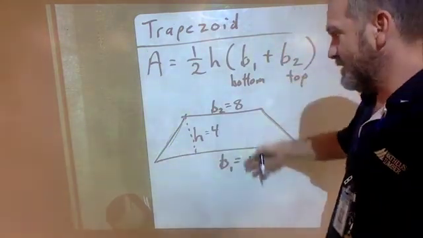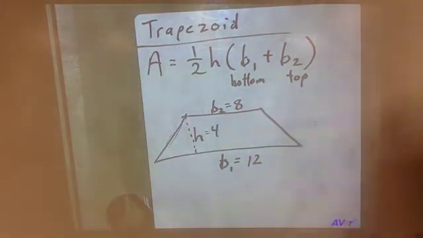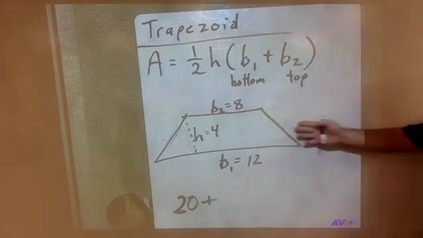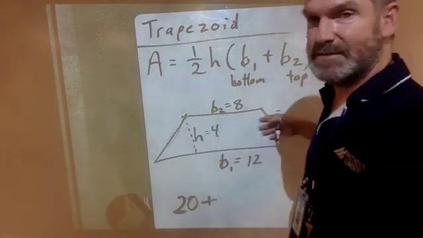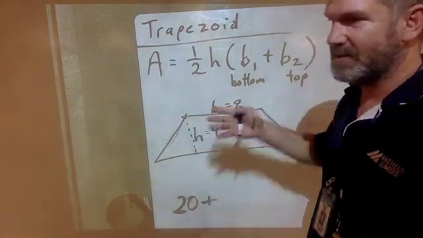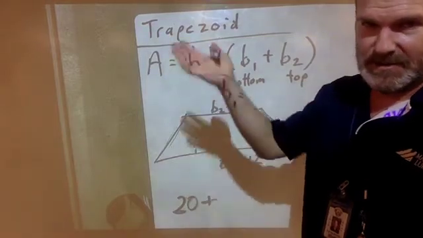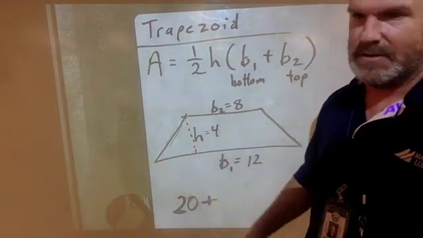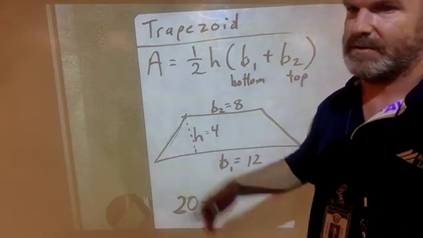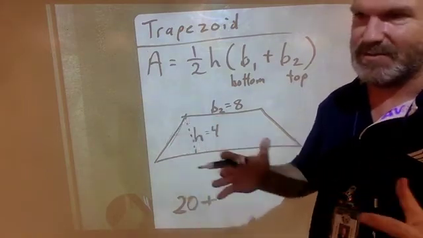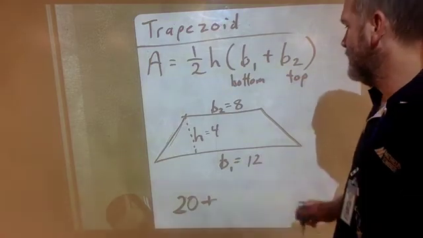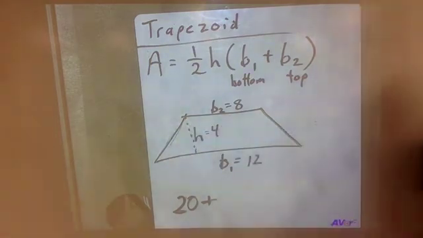We're still going to use 12 and 8, so the perimeter is going to be 20 plus something, whatever these 2 sides equal. And chances are those 2 sides are going to be square roots because very rarely is a diagonal a perfect square. It's usually in between like 25 and 36 or in between 36 and 49. There's lots of numbers in between perfect squares. There's only a few that are perfect squares. So let's assume that they're not perfect squares.